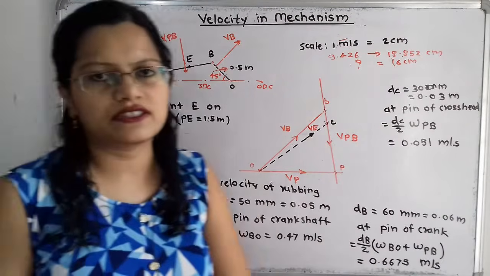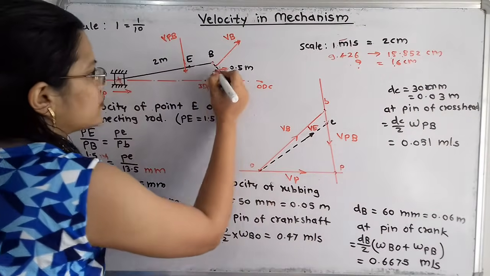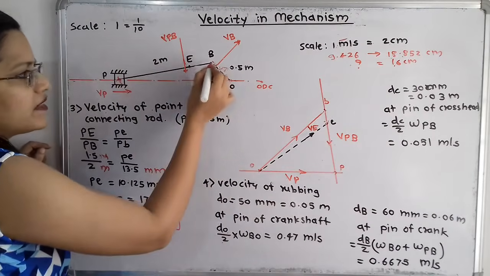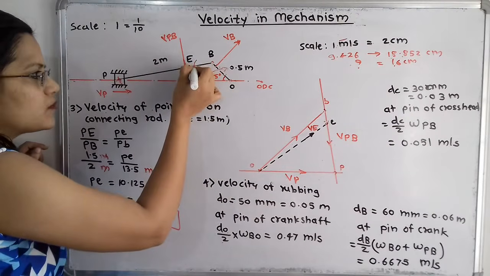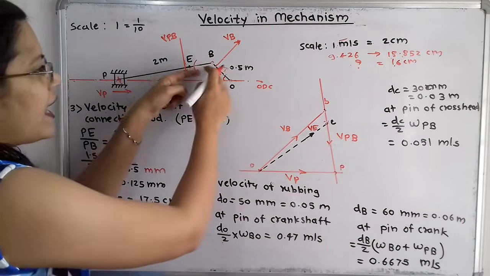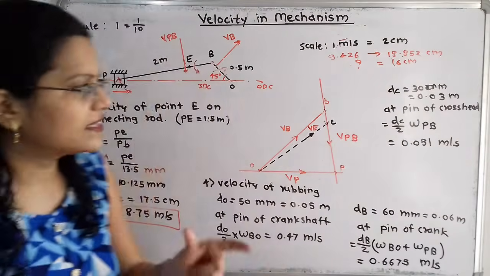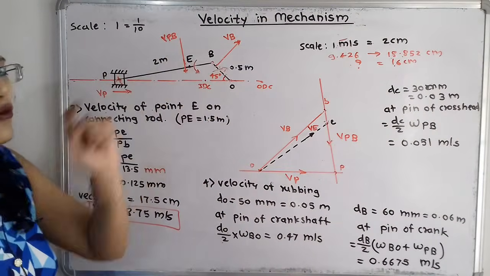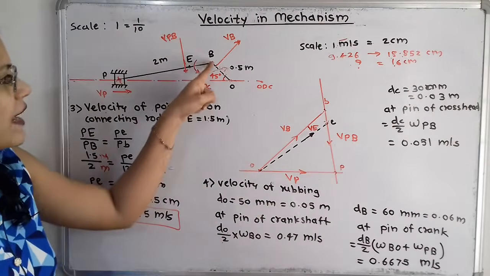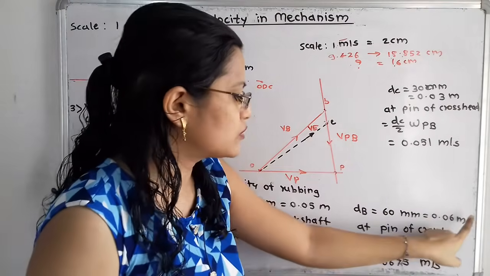This link OB is moving in the clockwise direction, and this link PB, with respect to point B, is moving in the anti-clockwise direction. So both have opposite directions. What is the formula? In this case we have to add the angular velocities at the point B. What is the diameter at this point B? It is given as 60 millimeter, which is equal to 0.06 meter.